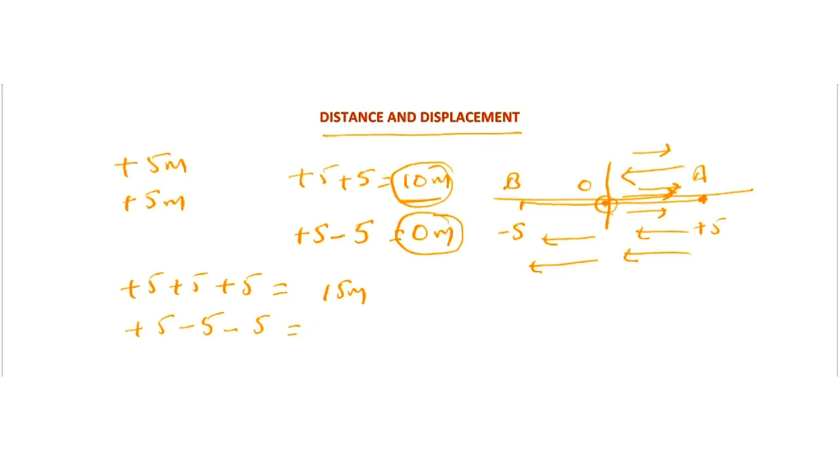So it becomes minus 5 meter, or you can say the shortest distance between the initial position O and the final position B, which is minus 5. So distance is always positive: 5, 10 and 15. But displacement can be positive, meaning plus 5, it can be 0, and it can be negative also. Clear? Thank you.